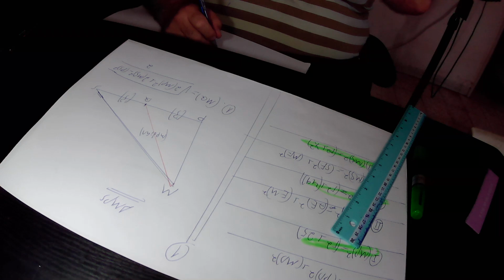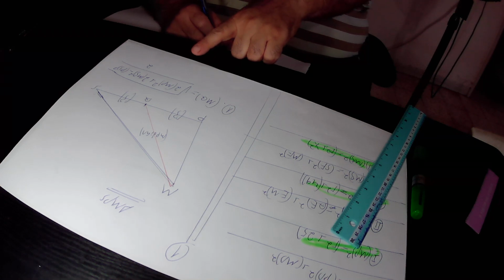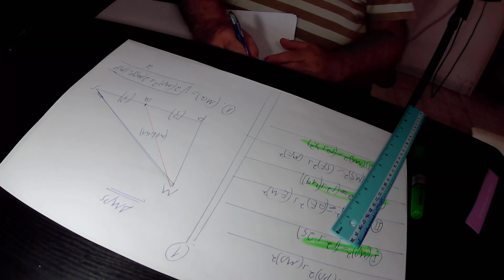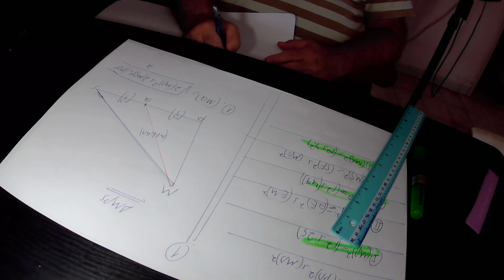So here we multiply this equation 1 by 2, and we get that according to equation 1, 2 times MQ equals the square root of 2MP squared plus 2MS squared minus PS squared.